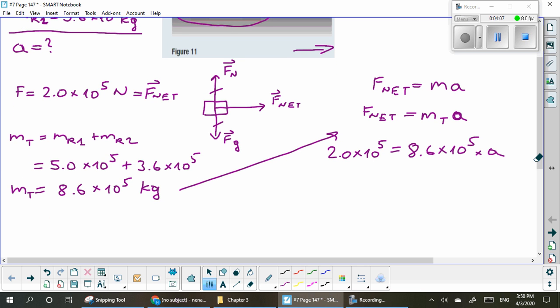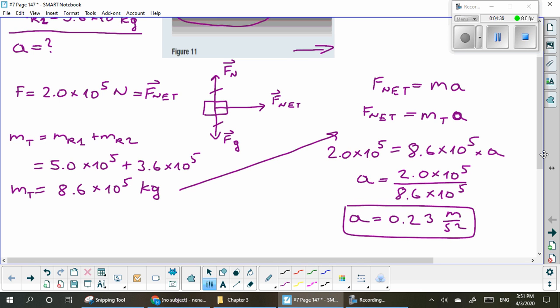If we isolate acceleration, it is 2.0 times 10 to the power of 5 over 8.6 times 10 to the power of 5, which turns out to be 0.23 meters per second squared.